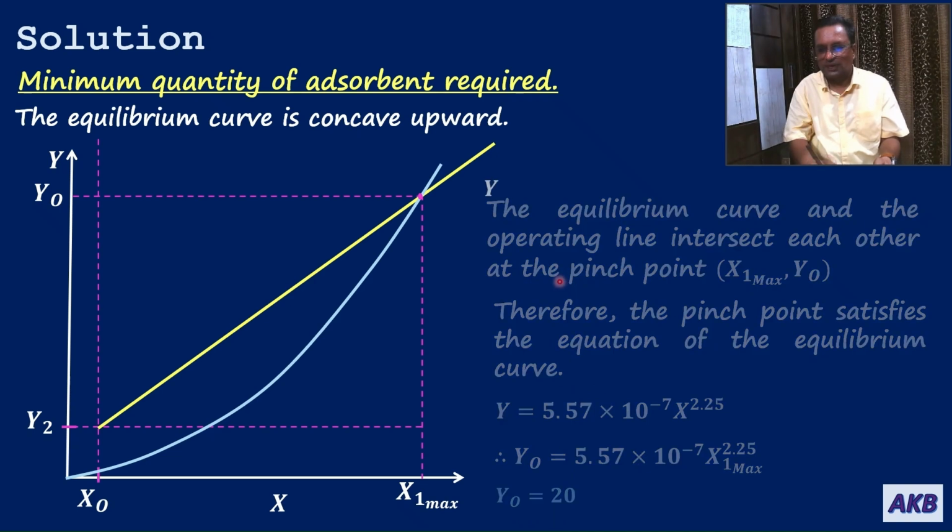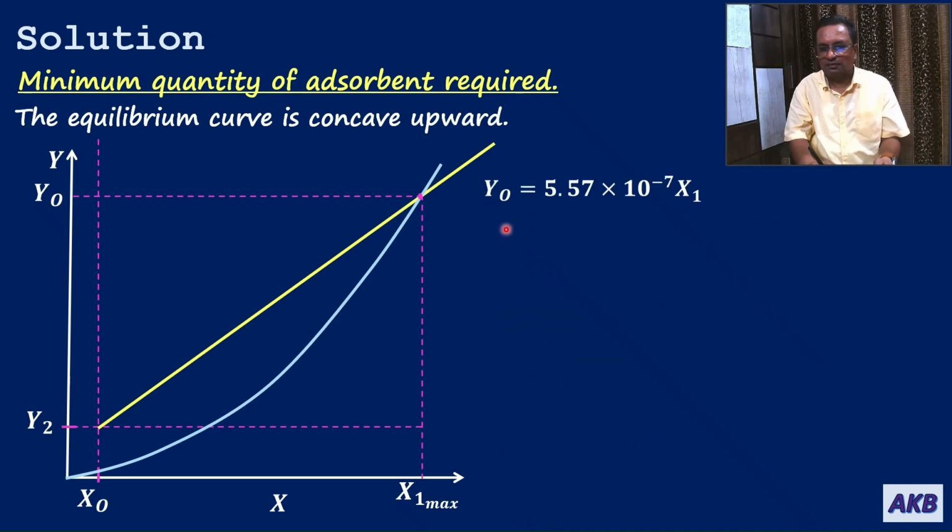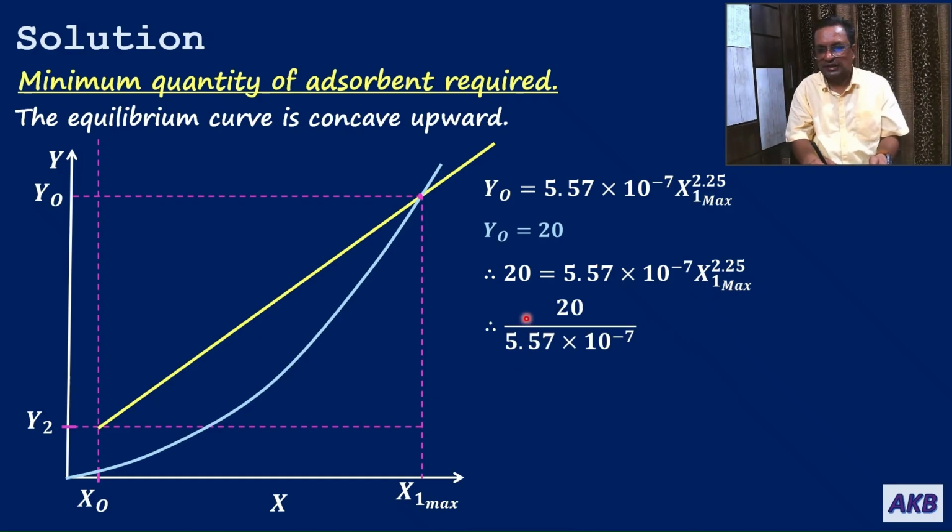Y0 is 20, we know that. So from the equation y0 is equal to 5.57 into 10 to the power minus 7 into x1 max raised to 2.25, with y0 equal to 20, we get 20 upon 5.57 into 10 to the power minus 7 equal to x1 max raised to 2.25.